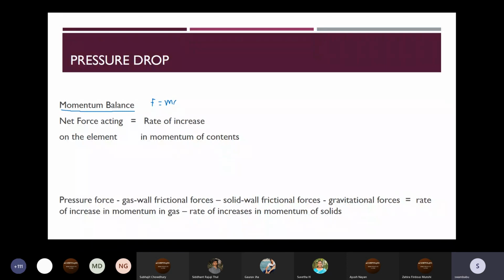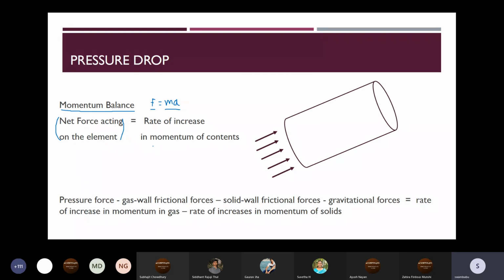But the same thing can be converted into a general expression: net forces acting on an element will be equal to the rate of increase of momentum of the contents in that element. Actually, I should show this one first, but I think I didn't animate properly. That's why this content came.